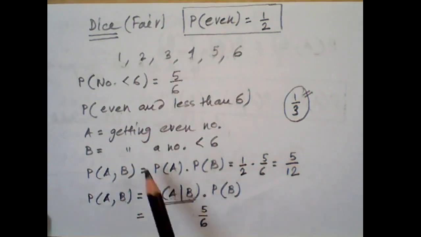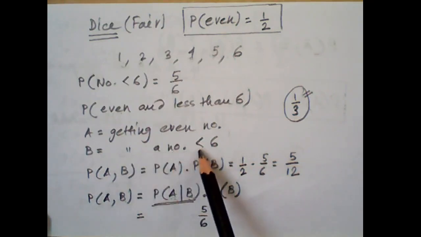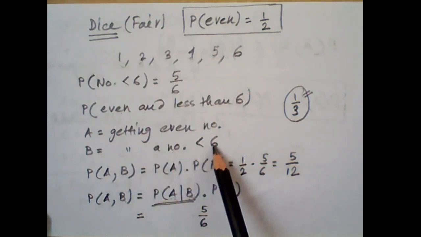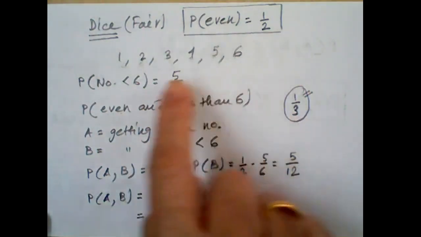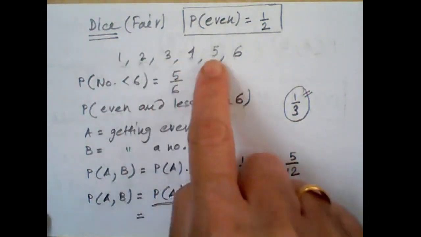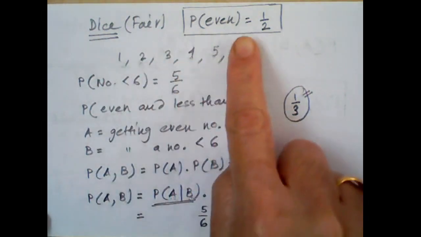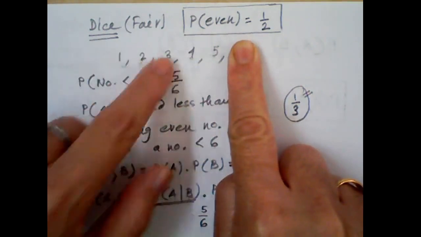B over here is getting a number less than 6. Now, when we say that B has already happened, meaning that you are getting a number less than 6, then our universe, which was earlier 1, 2, 3, 4, 5 and 6, now shrinks to 1, 2, 3, 4 and 5.